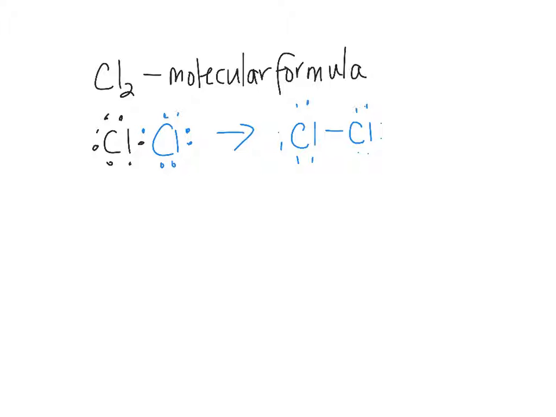Lone pairs of electrons, pairs of dots. This line here replaces that. So one line represents 2 electrons, and these are bonding electrons. These are shared electrons between 2 atoms.